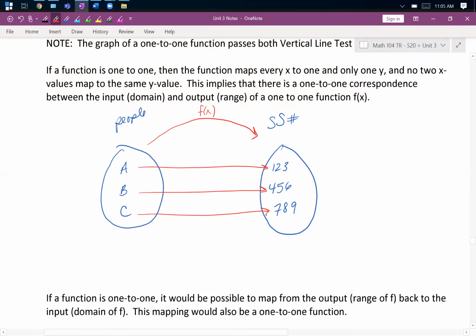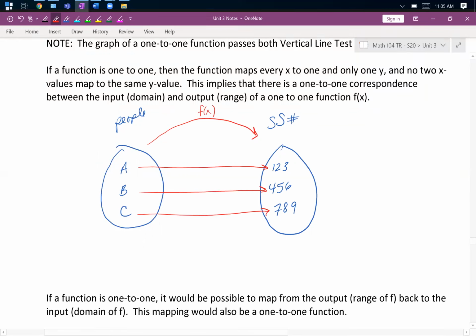This function that maps the output back to the input of a function is called the inverse function. And we denote inverse with what looks like an exponent of -1. It's not. It's just the notation that we use for inverse. So the inverse function of a one-to-one function is defined as the set of (y, x) such that (x, y) is an element of f.